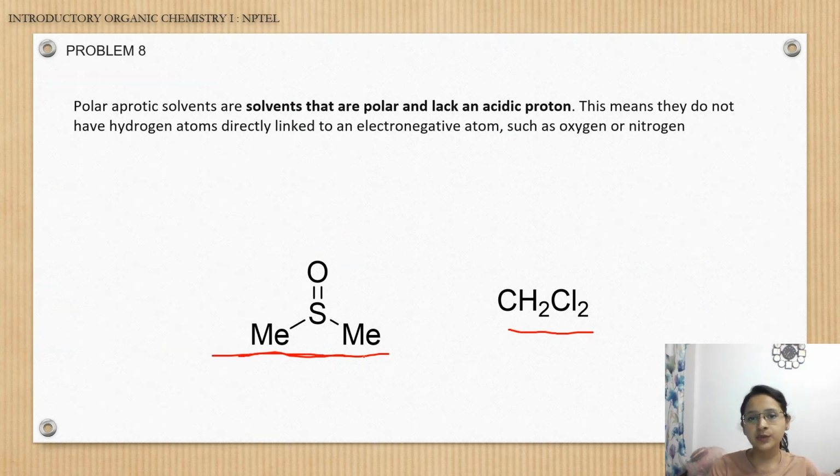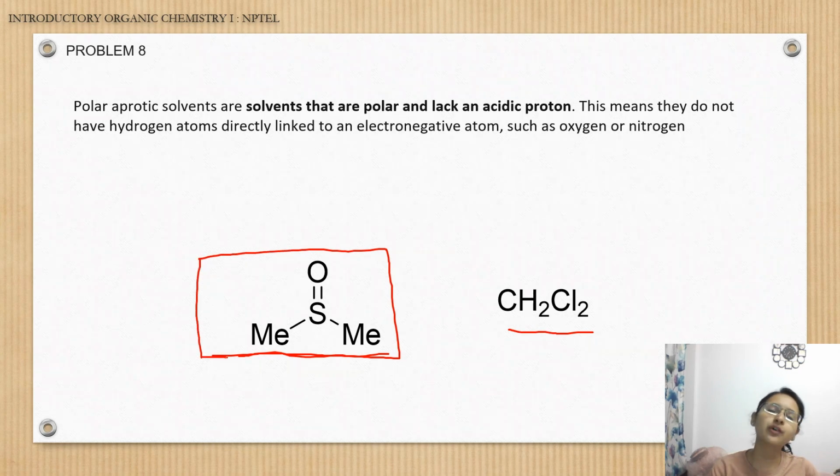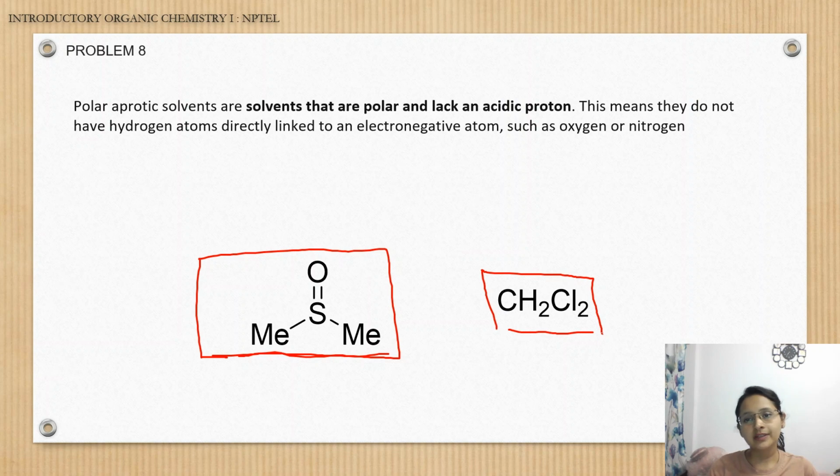So, can you tell me, is this DMSO a polar protic solvent or a polar aprotic solvent? Yeah, because there is no proton connected directly to an electronegative atom which on dissociation will give you a dissociable proton. It is not there, right? And when you are talking about the DCM, what is it? Polar protic or aprotic?